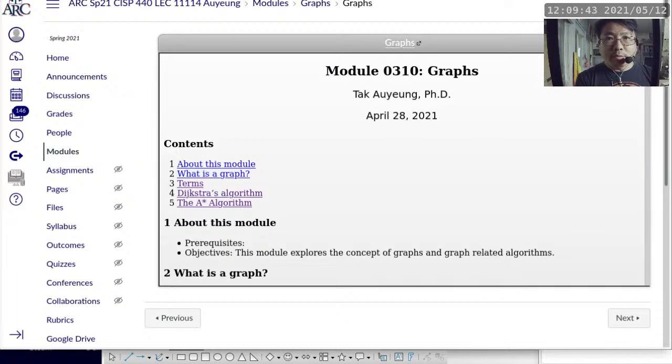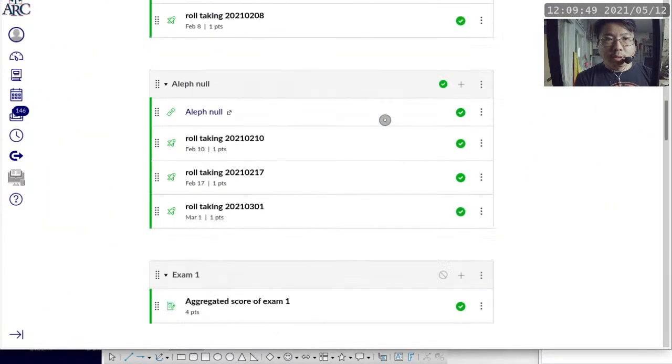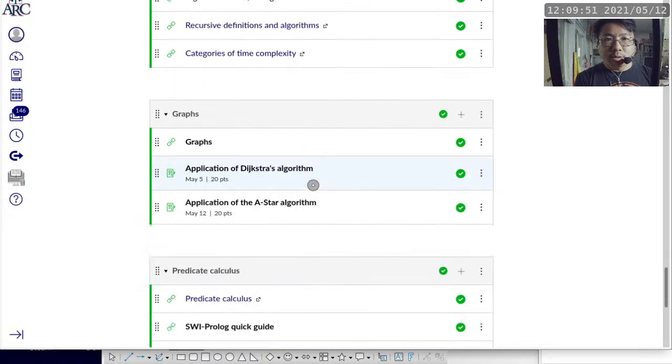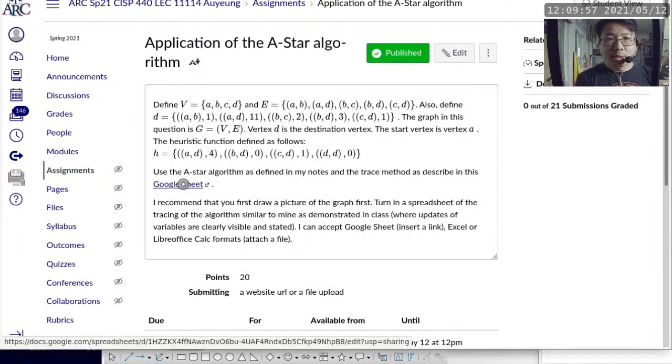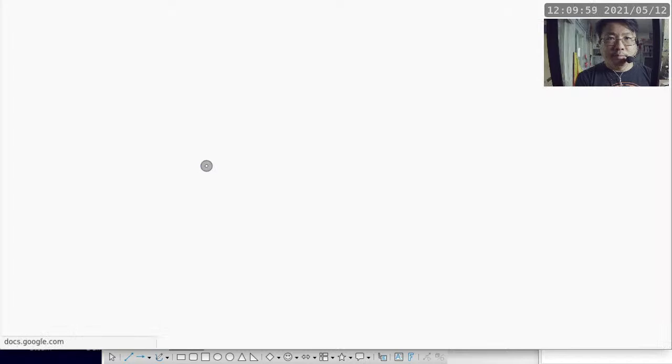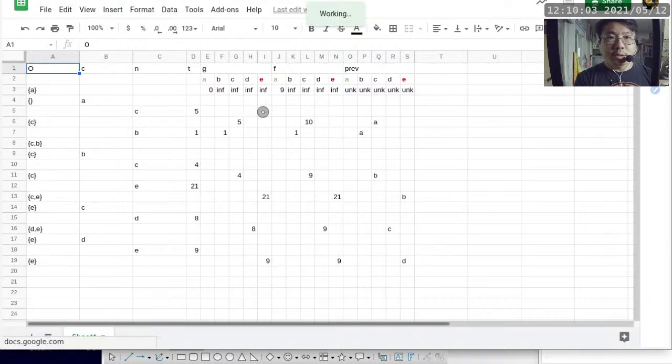And we are going back to the assignment because I want to use the same Google Sheet that you're supposed to start with. So we'll get to the assignment and click on the Google Sheet. And as you can see, this Google Sheet is a little bit different.